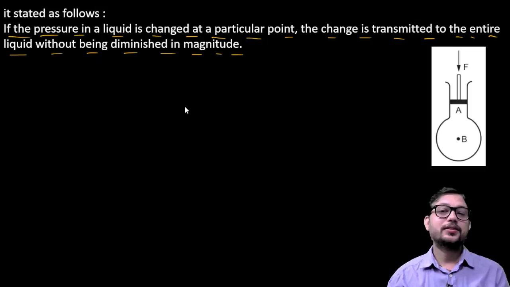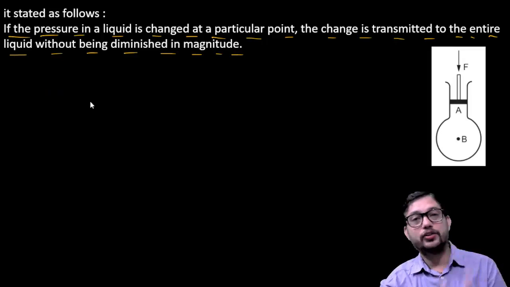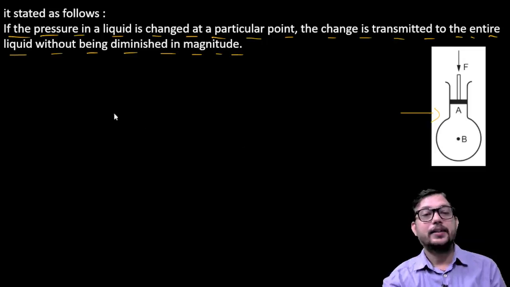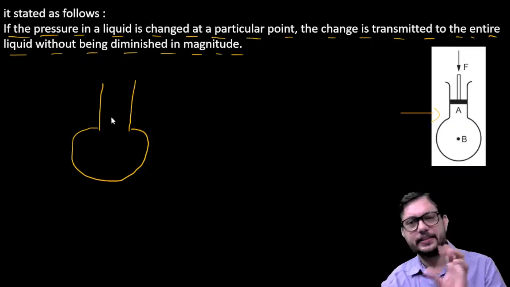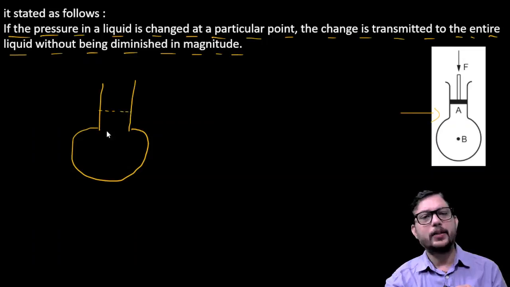So what Pascal actually wants to say is that if we have a column like this, and firstly we have this flask like this, let's suppose this is the initial situation. Up to here the liquid is there.